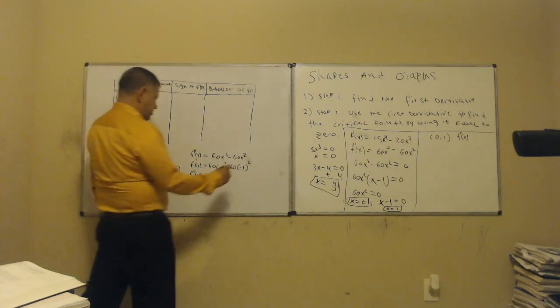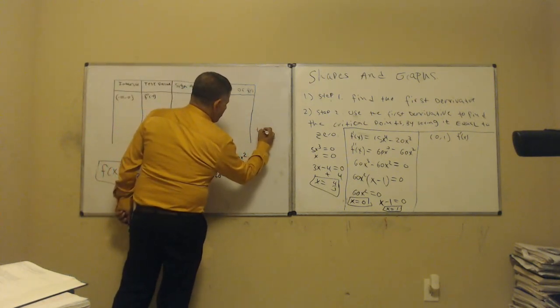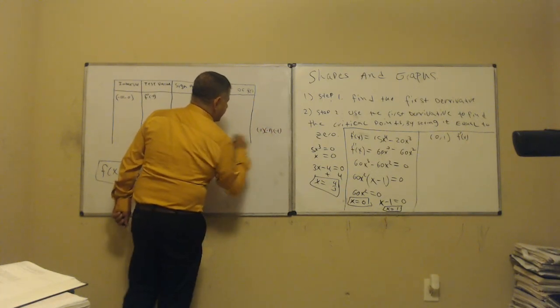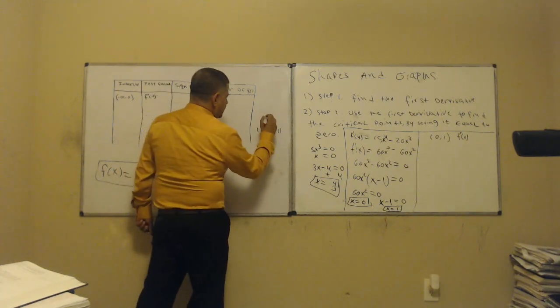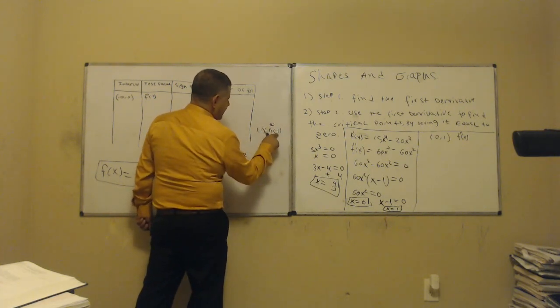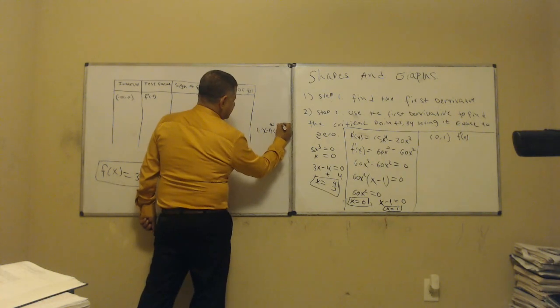Why? Because minus 1 times minus 1 times minus 1: 1 times 1, negative becomes a positive. Okay? But then I get a negative, that becomes negative.